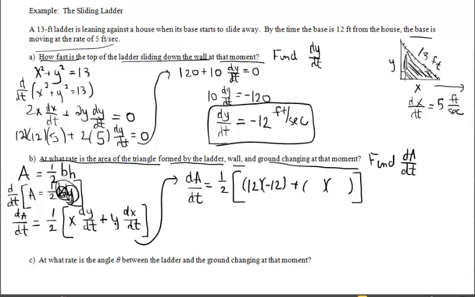The y was 5. The dx dt was given to us, and that was 5. So negative 144 plus 25. Negative 144 plus 25 would be negative 119.